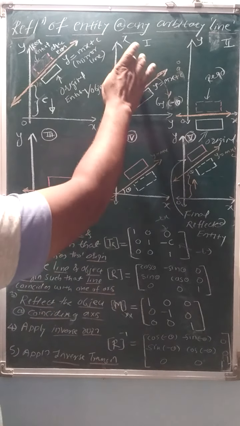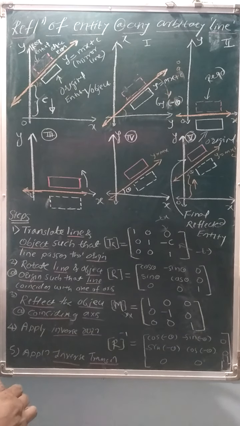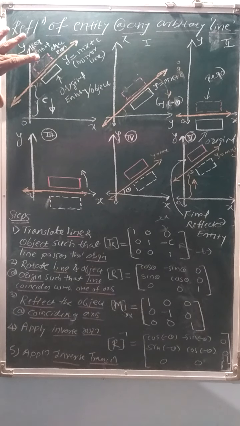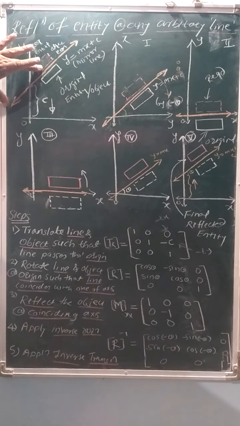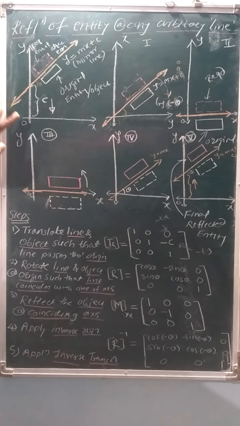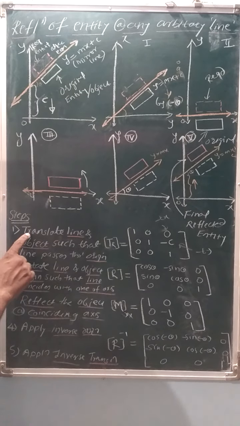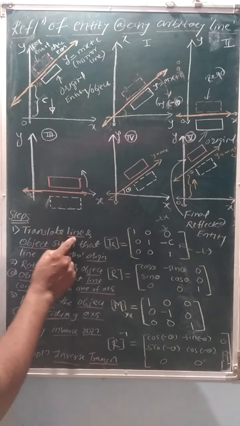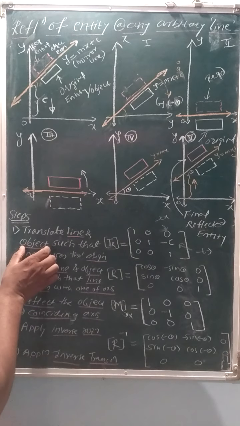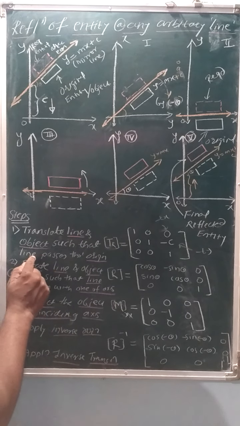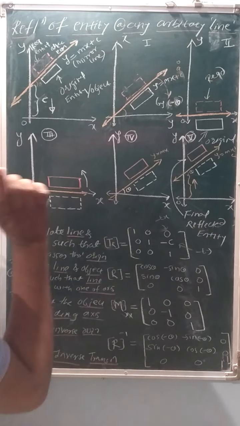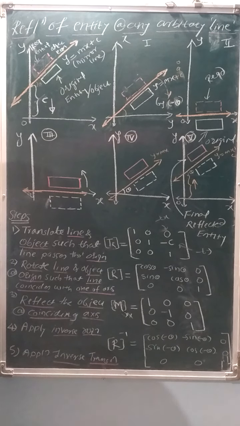Now step number 1: we have to translate this arbitrary line to the origin so that it passes through the origin. Translate line and object such that the line passes through the origin. So this will be the first step.